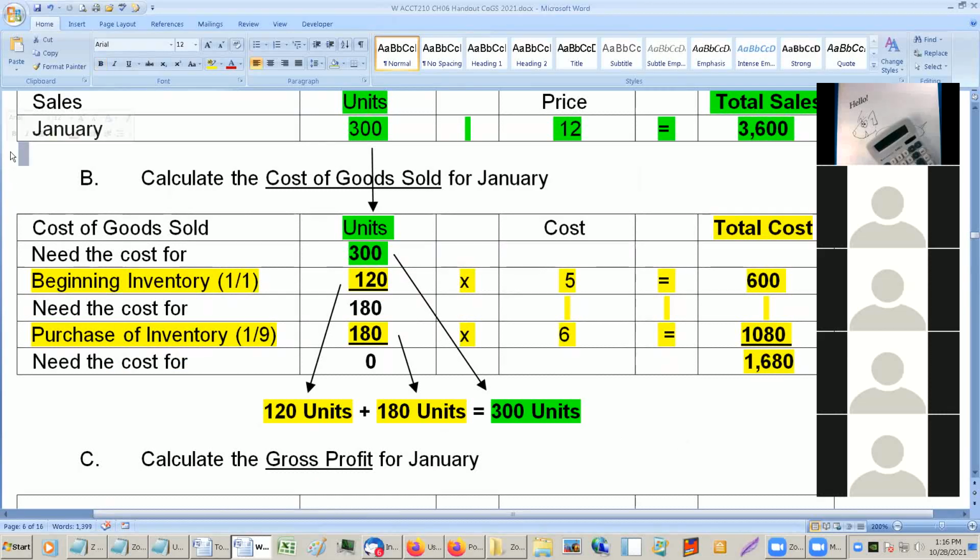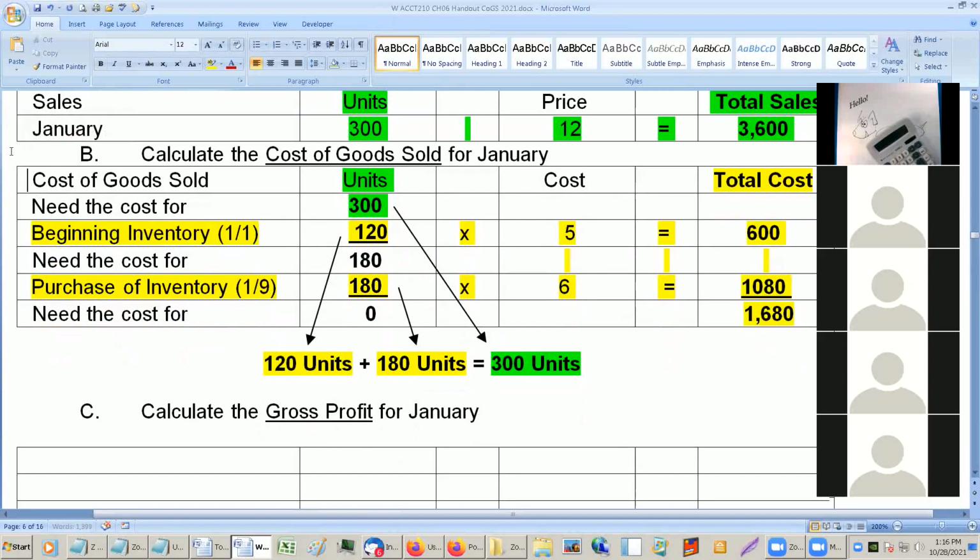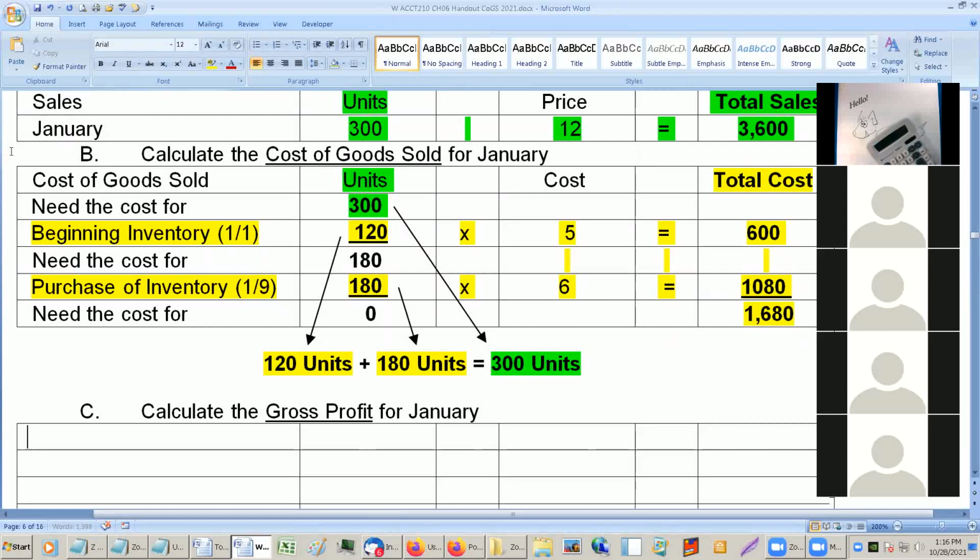So this would be sales or revenue. Sales and revenue are the same thing, so if you call that revenue, that's fine.